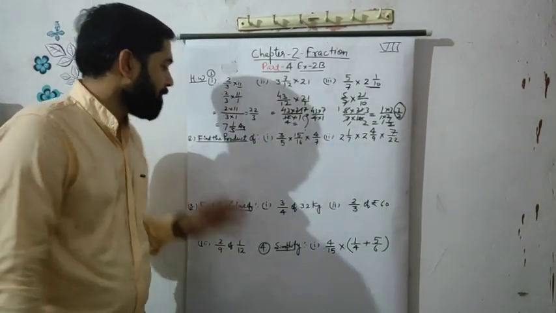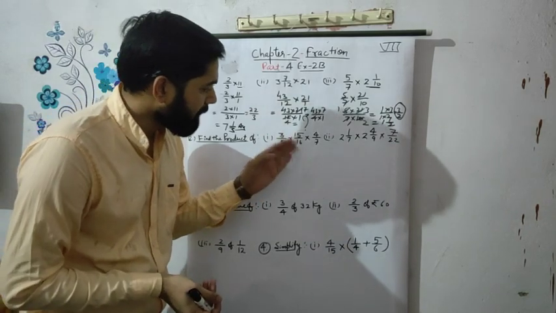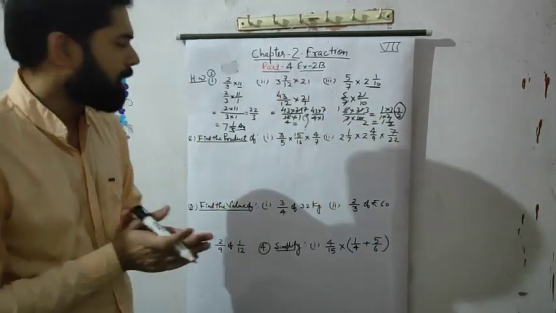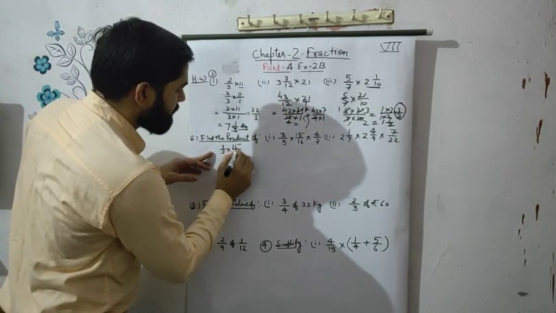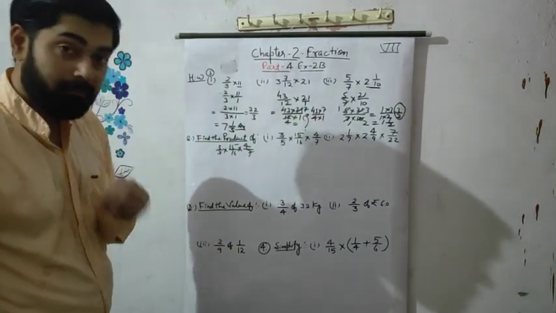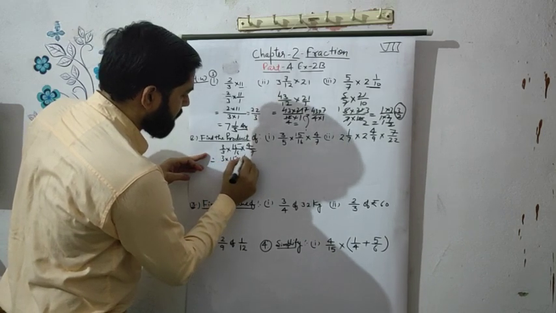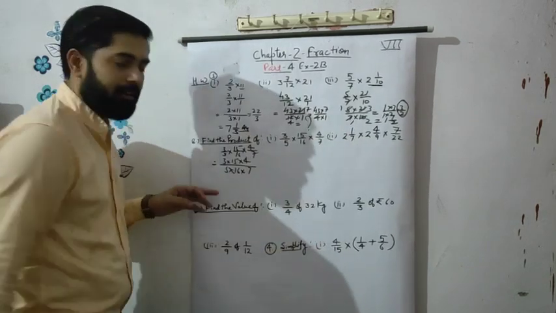Now the next question. What was the next question? Find the product of 3 upon 5 multiplied by 15 upon 16 multiplied by 4 upon 7. Easily we can find it. Then 3 multiplied by 15 multiplied by 4 upon 5 multiplied by 16 multiplied by 7.